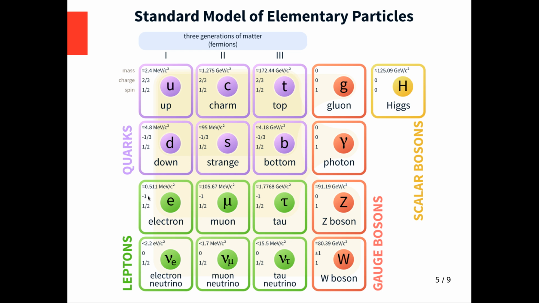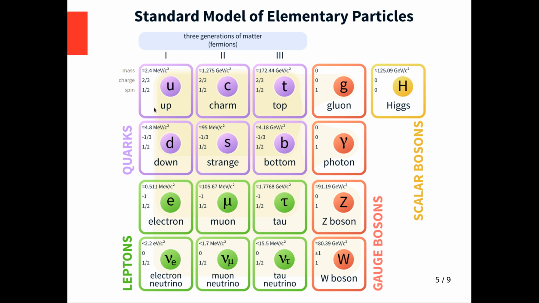This is where the electron's negative charge comes from. Of course, this is a human convention, but we have the -1 charge, and this is something called spin. It's not that important for our understanding right now.